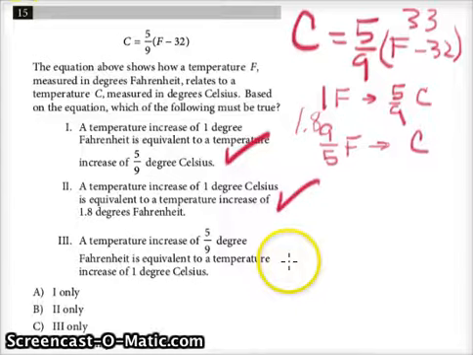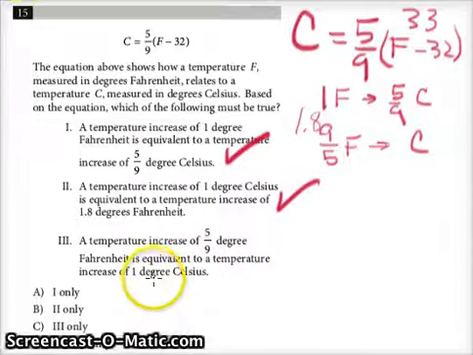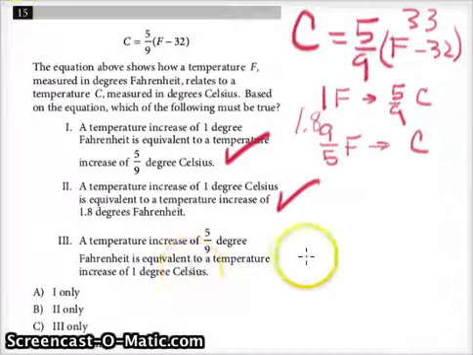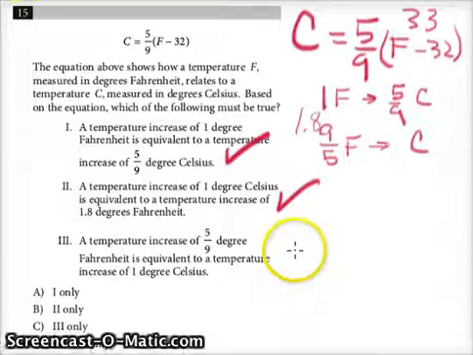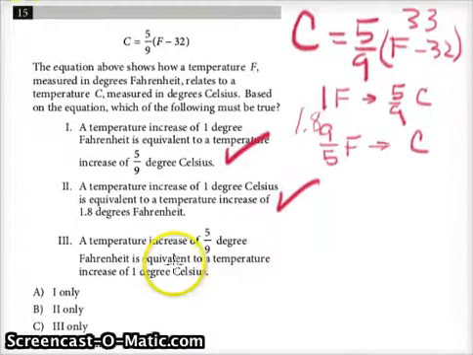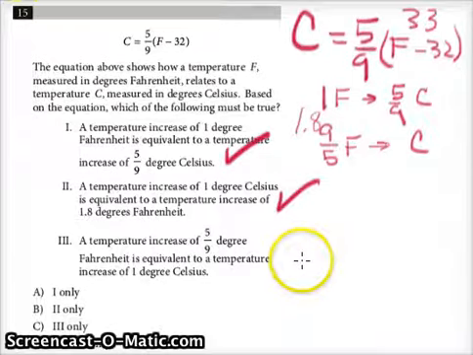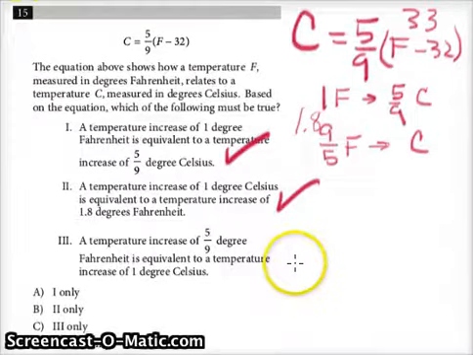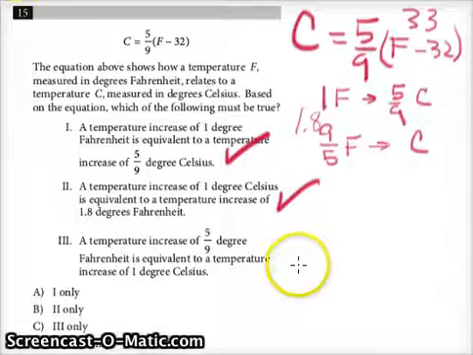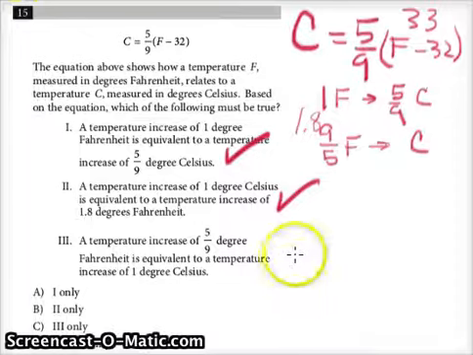The reason why we know that is we know that an increase of 1 degree Fahrenheit gives the 5/9 Celsius degree, and we also know that the Fahrenheit degree is smaller than the Celsius degree, so that would be another reason why that's not right.